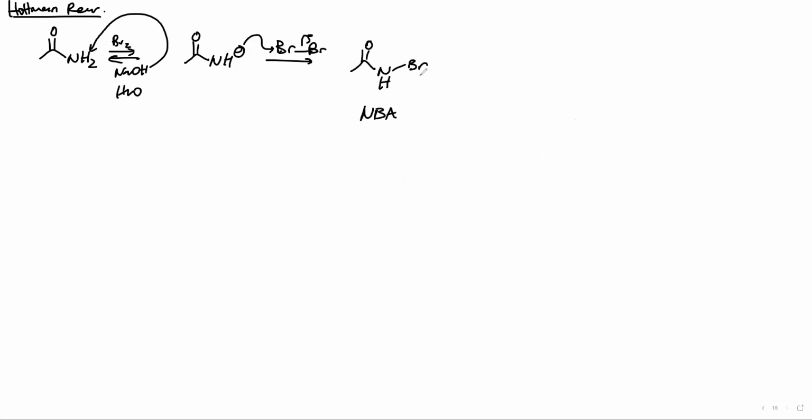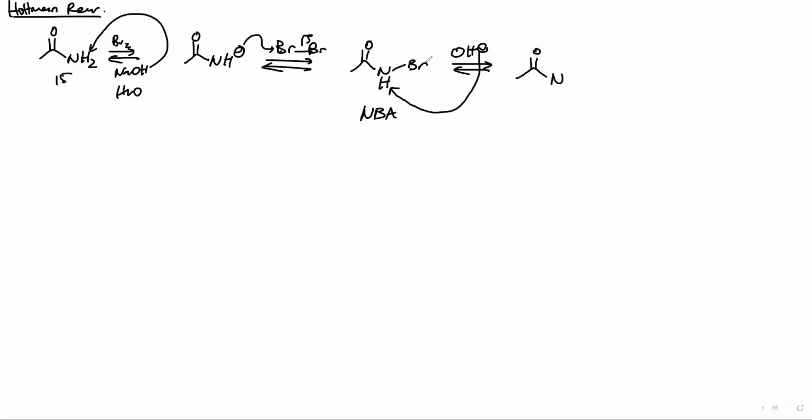Someone will. But this is N-bromoacetamide, and N-bromoacetamide is actually a very powerful brominating agent. I use it if I need to put bromine on something. It's a little fun fact there. But with N-bromoacetamide, you might remember when it came to brominations in base, they were kind of hard to stop because not only could we take the first proton off very easily, but we could also take the second proton off, because the amide has a pKa of like 15, right?